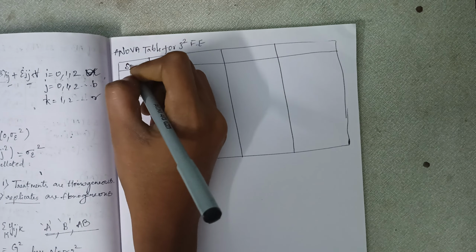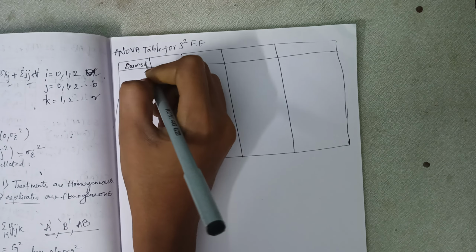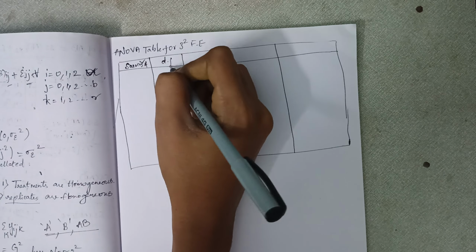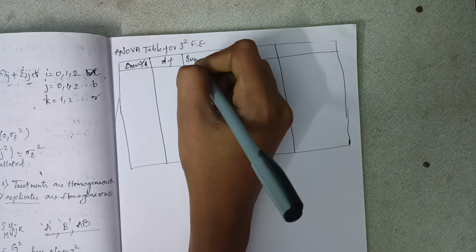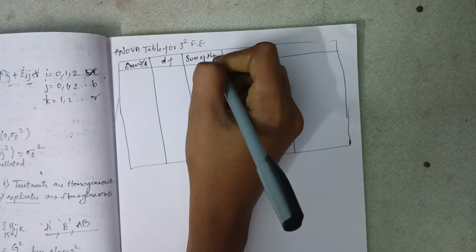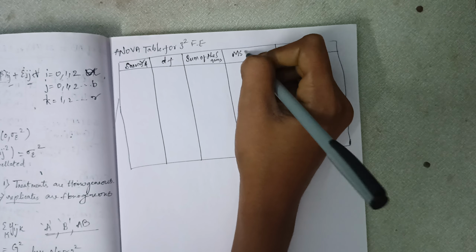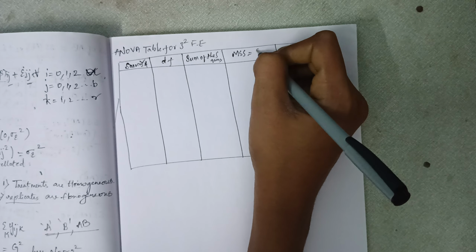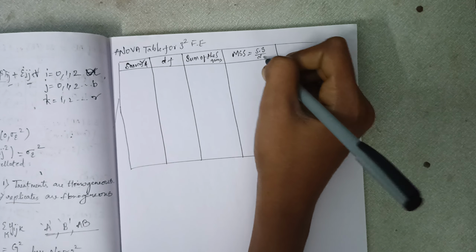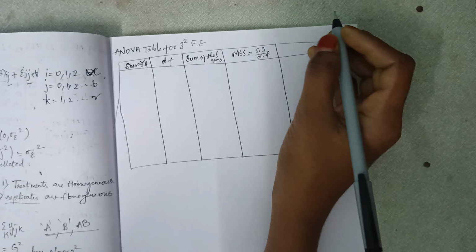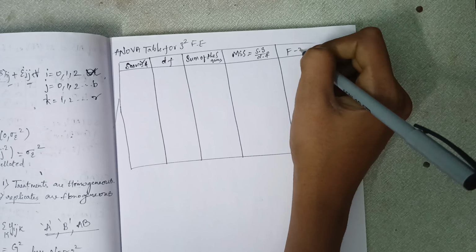So sources of variation, degrees of freedom, sum of the squares, and mean sum of the squares, which is equals to sum of the squares by degrees of freedom, and F ratio.